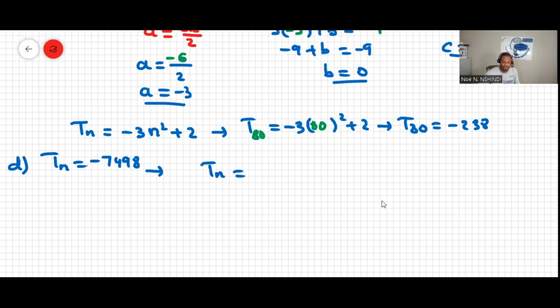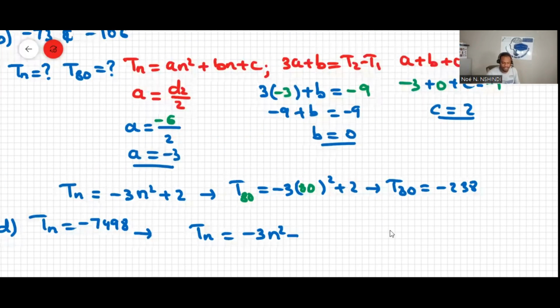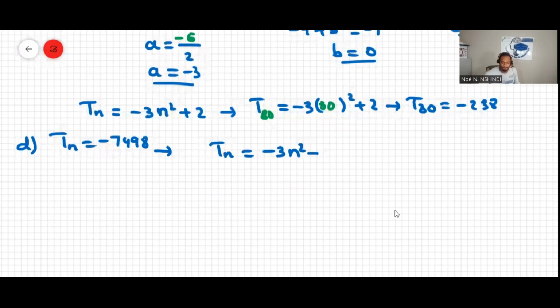Tn was equal to -3n squared plus 2. Now we can substitute the value of Tn. So this means -3n squared plus 2 equals -7498. If I move the 2 over, that means -3n squared equals -7500.